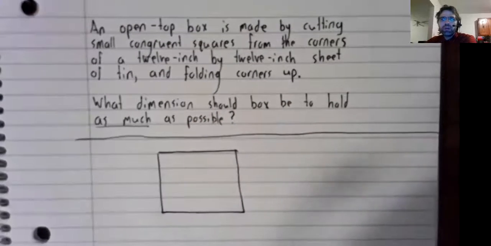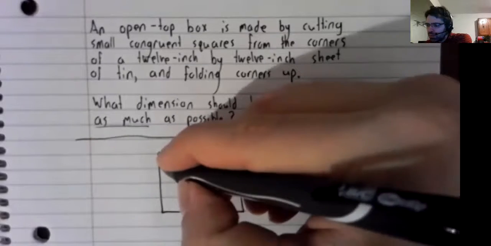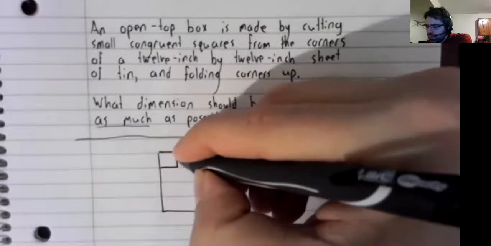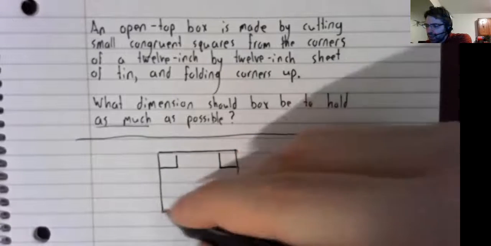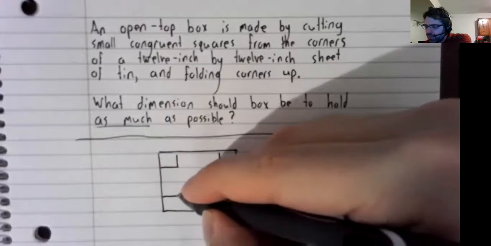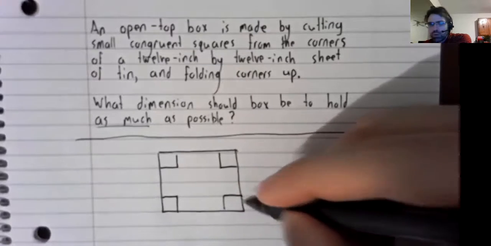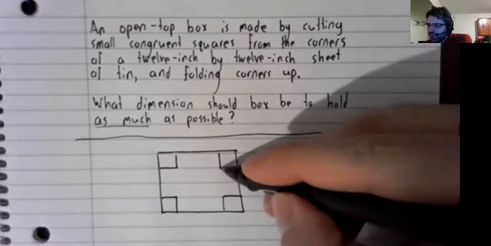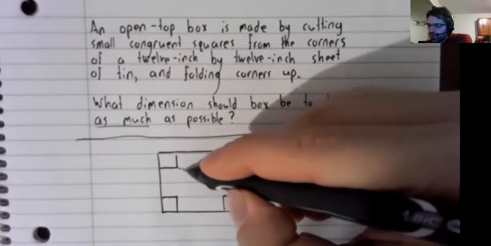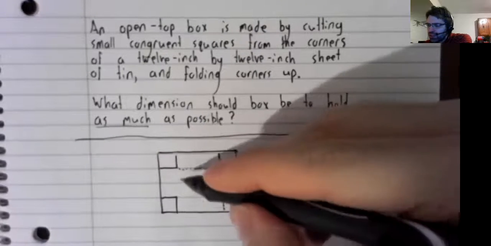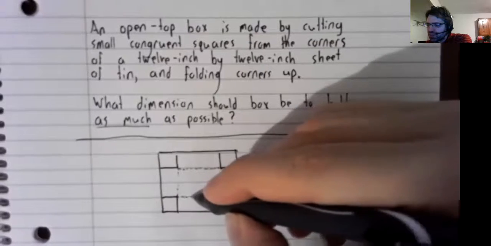We have a 12 by 12 sheet of metal, and we are cutting squares from the corners. Then that gives us 4 flaps.